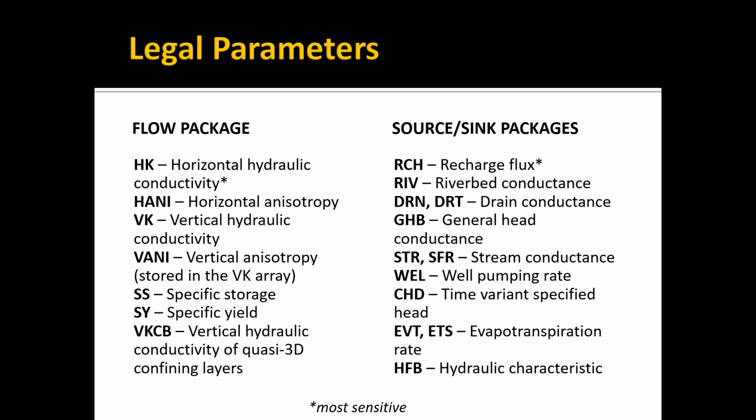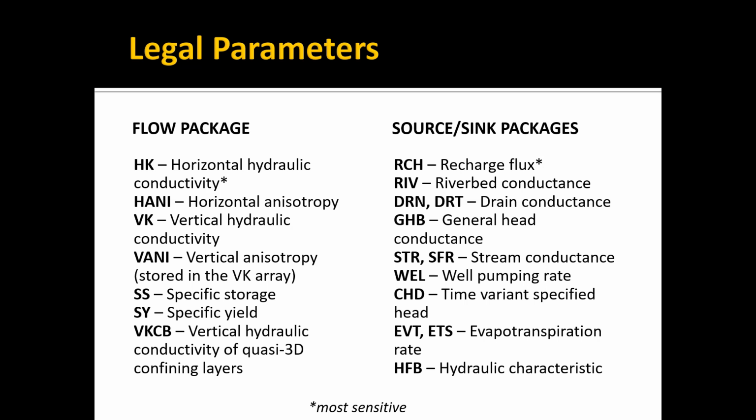I do have an asterisk by horizontal hydraulic conductivity and recharge. Those far and away are the most important and the most sensitive parameters, meaning these will have the largest impact compared to any of the other things listed here. And so that is where we typically focus most of our time and effort during the calibration phase.